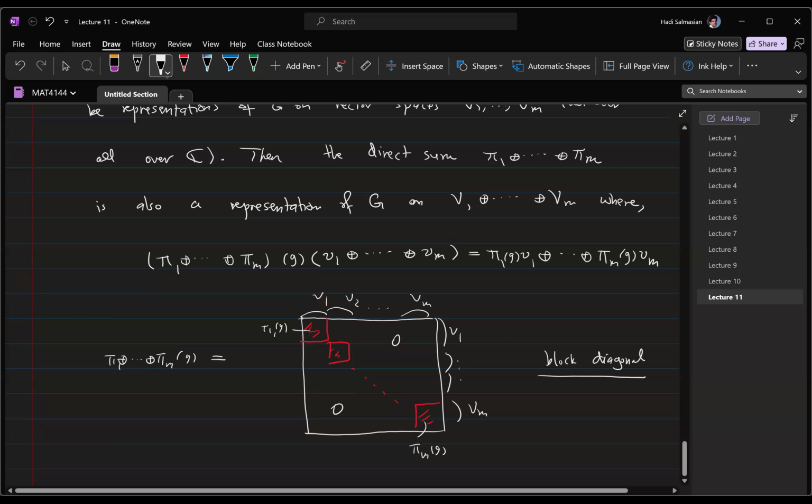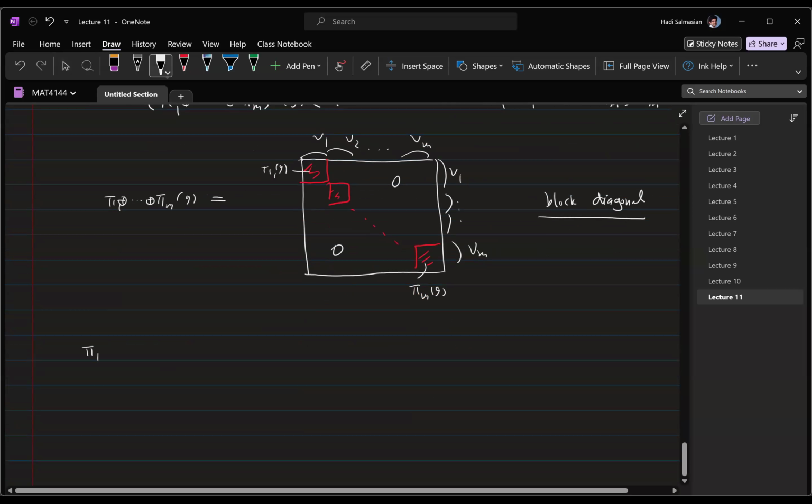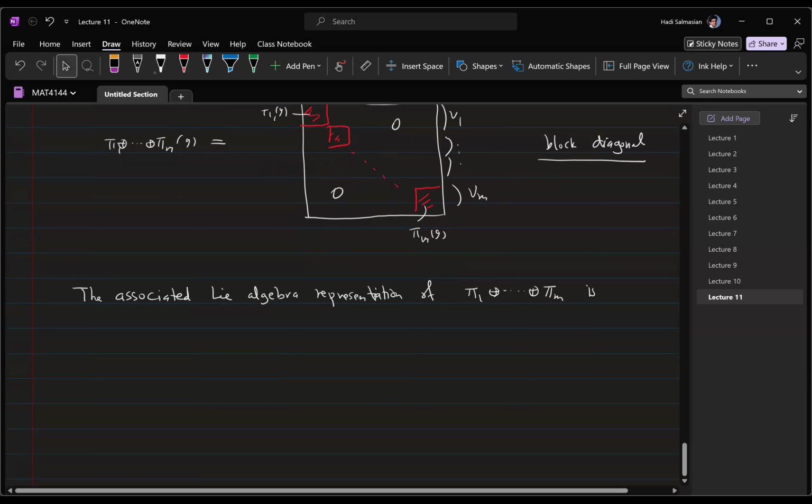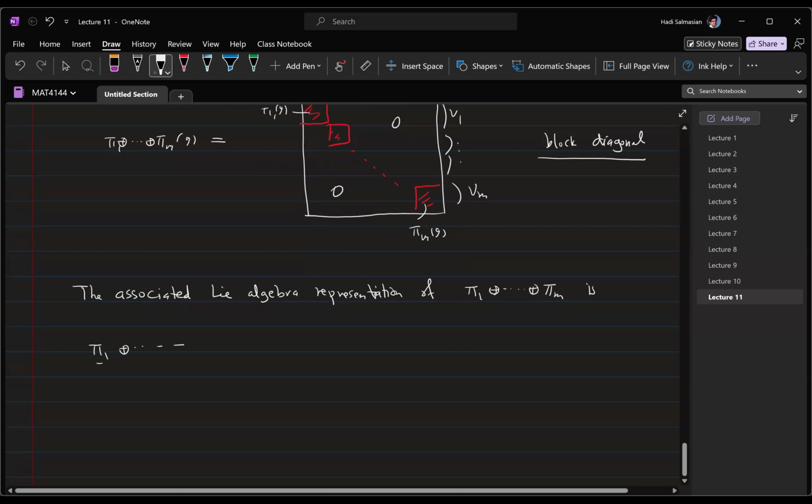And what happens for the Lie algebra? For the Lie algebra, it will be the same thing. The representation of the associated Lie algebra, pi 1 plus up to pi m, is again just a direct sum of the derived representations coming from the group representations pi 1 to pi m.